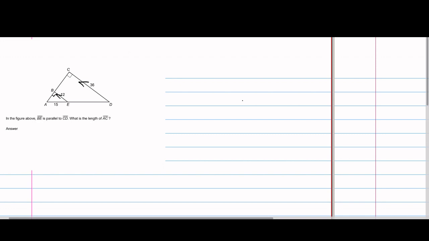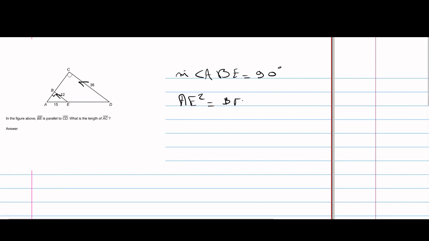Now the measure of angle ABE is equal to 90 degrees. That means I can apply the Pythagorean theorem inside this triangle, and if I apply it, it will give me that AE square is equal to BE square plus AB square.